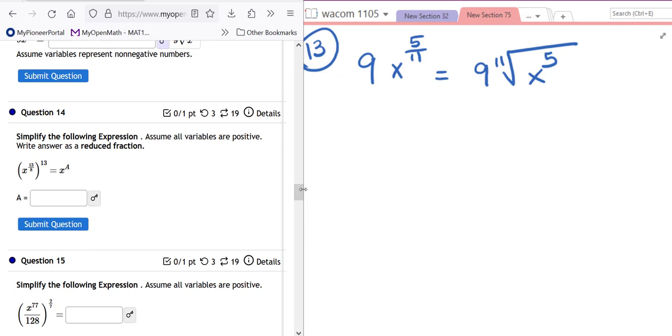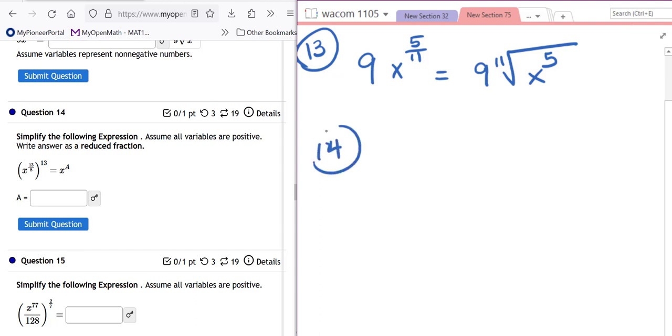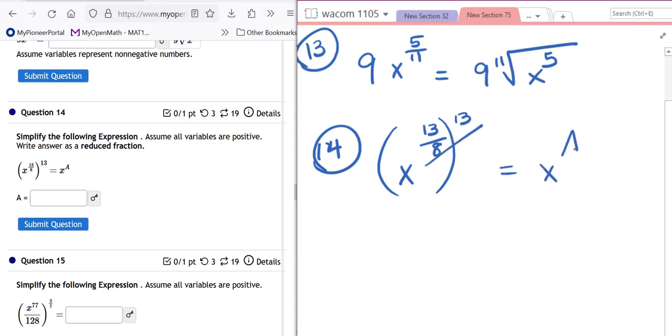Right, this is coming back to one we did earlier. It is a power to a power, and this is where you are going to multiply the exponents. So these are going to multiply. So 13 over 8 times 13.